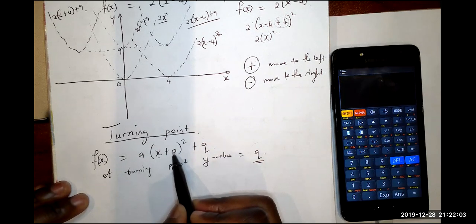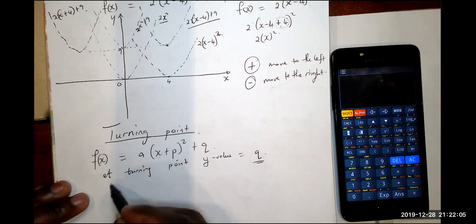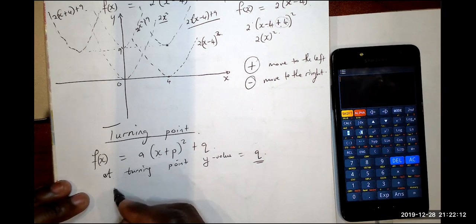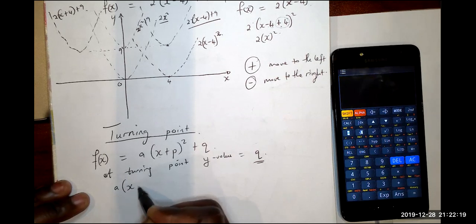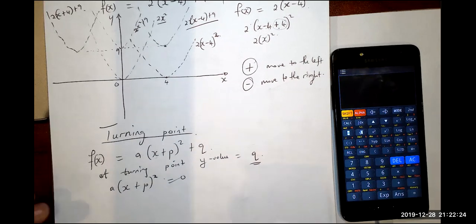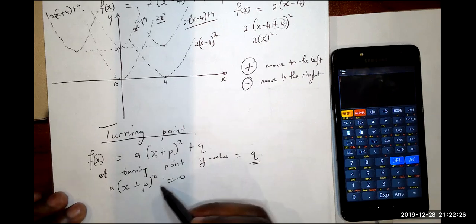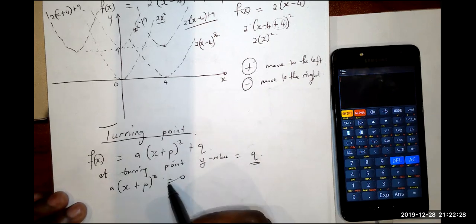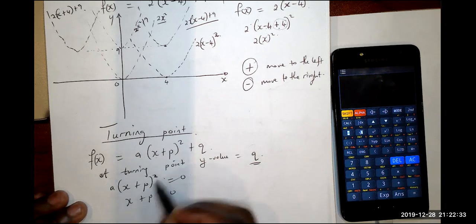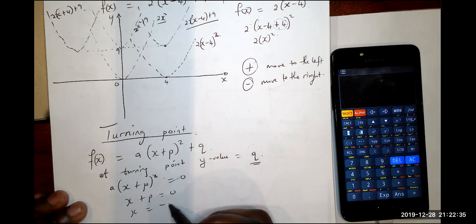Where it's going to touch, it's going to be a(x plus p) squared equal to 0. We divide everything by a, and we're left with x plus p is equal to 0. Then x is going to give you negative p.